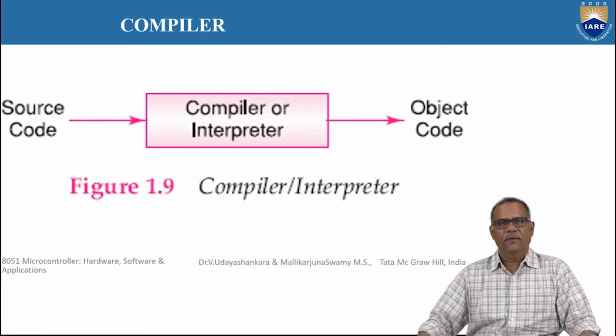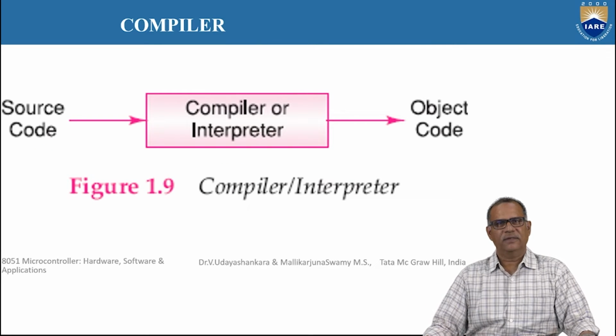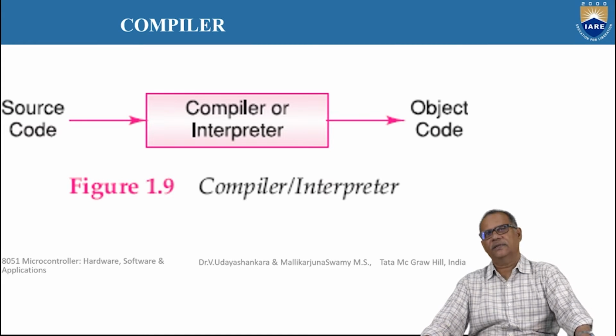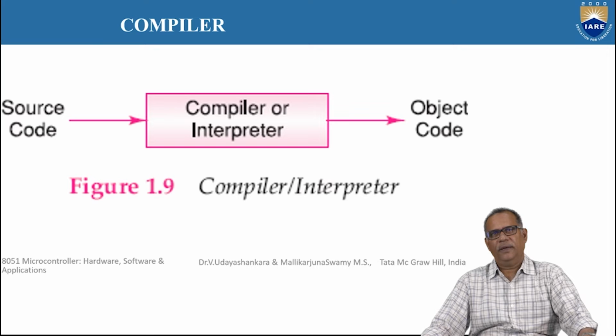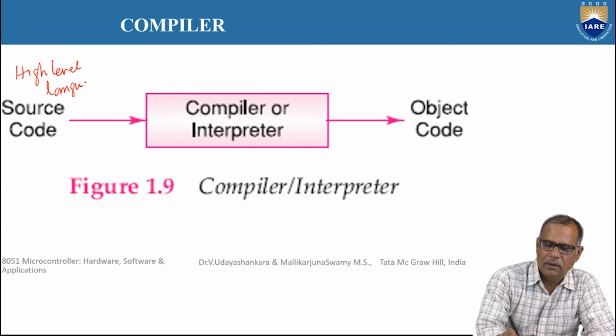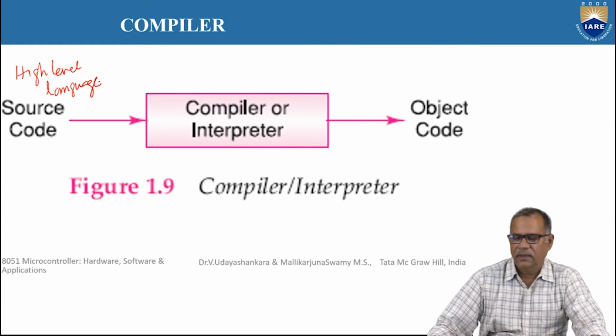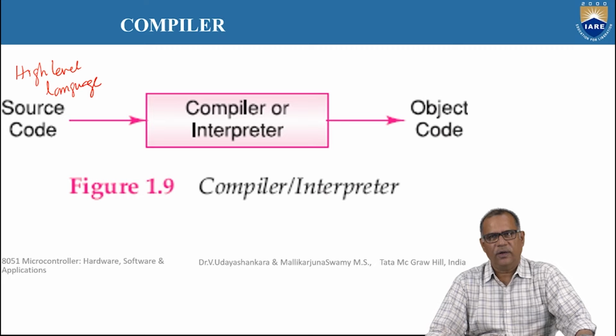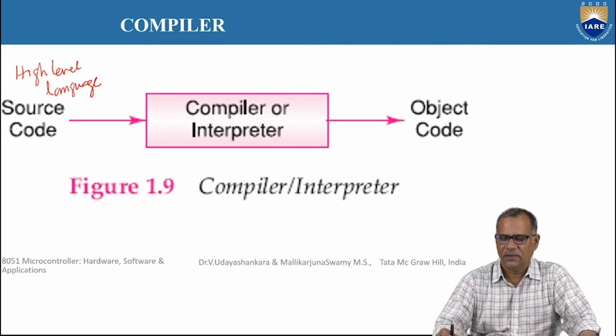Whereas to convert the high-level language into the object code, a compiler or interpreter is used. So the compiler or interpreter converts the high-level language to the machine code or machine language. It is also called the object code.